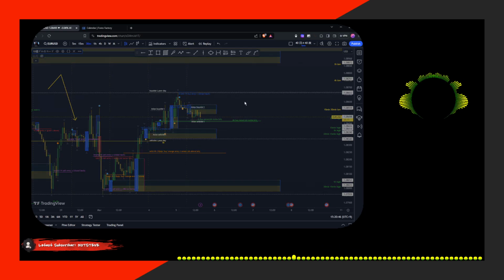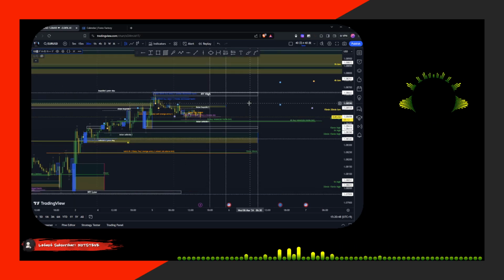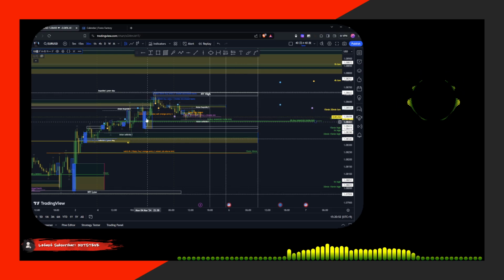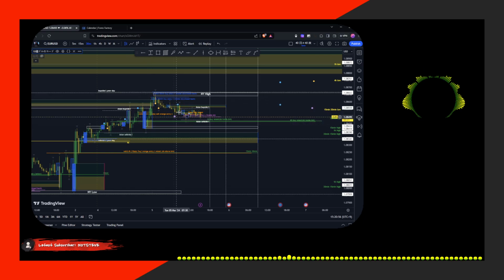So on the 30 minutes also, we are seeing that we are trading within this OB over here, and there were a couple of attempts to sell off, but because of this OB over here, we cannot sell. Also on the 30 minutes we are introduced to the New York low.